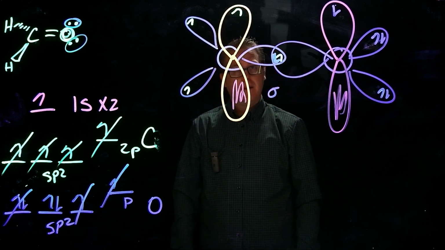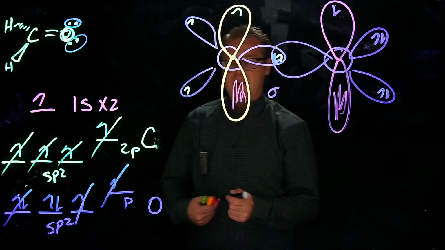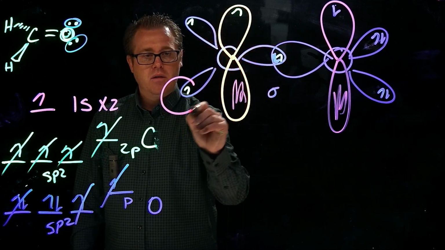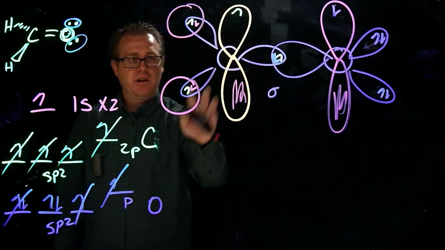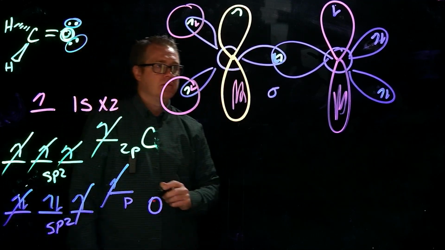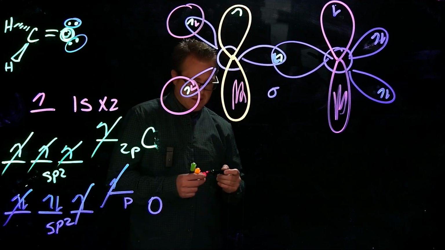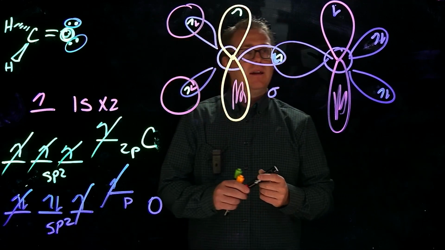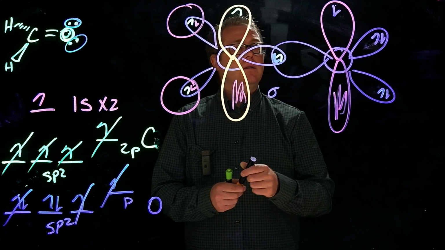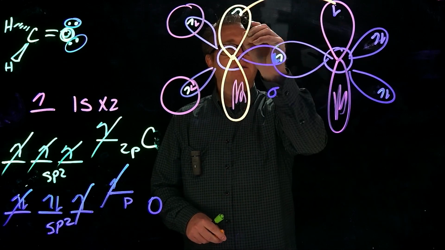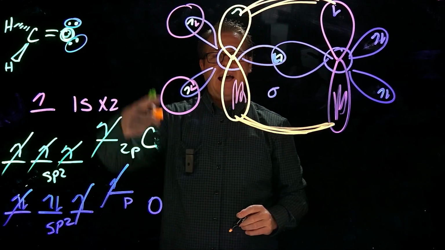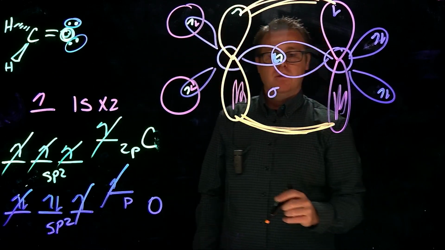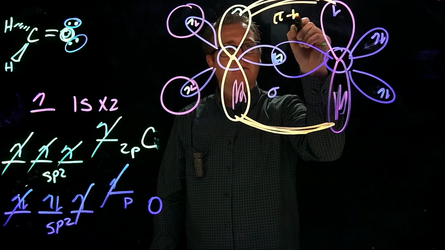All right. And then to finish this out, what do we have? We have our hydrogens coming to us with a 1s orbital. All right. And so let's see here. So this right here, above and below that axis, that's going to be our pi bond.